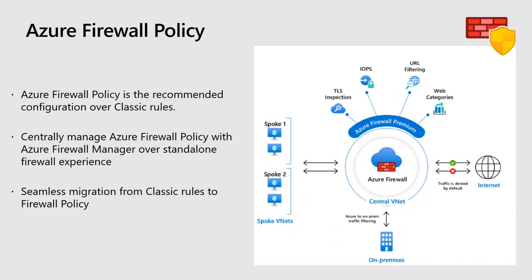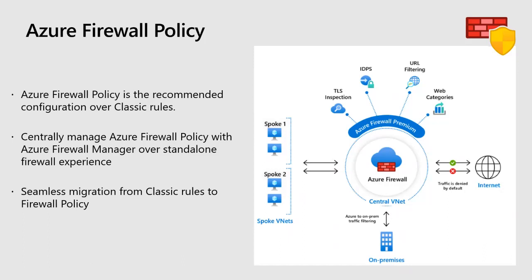Firewall policy is the recommended method to configure your Azure firewall over the previously used classic rules. There are a good number of benefits from migrating from classic to firewall policy, such as being able to use IDPS, enabling TLS inspection to inspect encrypted traffic for possible security risks, using URL filtering to extend the firewall's capability to consider an entire URL rather than just the FQDN, and to use web categories to allow administrators to quickly allow or deny large categories of web traffic like social media websites, news websites, gambling sites, and more.